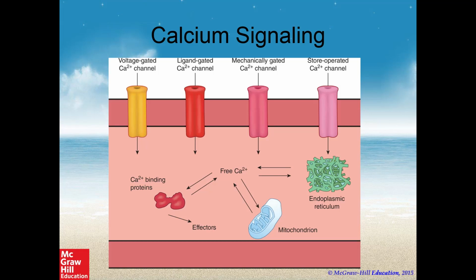Mechanically gated calcium channels, so when the cell is stretched or deformed or somehow changed, mechanically gated calcium channels can open. So that's the mechanism whereby if you stretch a muscle cell, a smooth muscle cell or a cardiac muscle cell, they will respond by contracting because mechanically gated calcium channels open, and that triggers a contractile response.